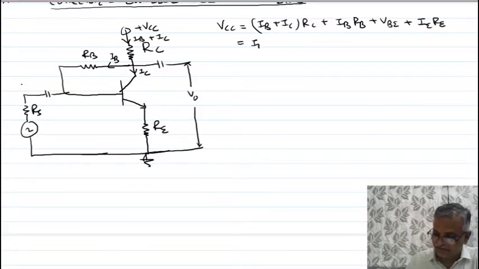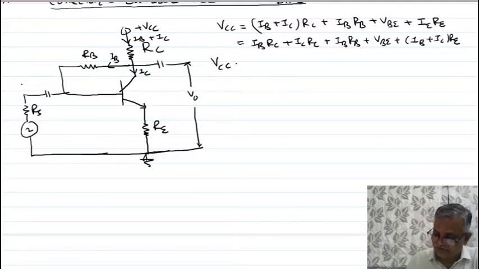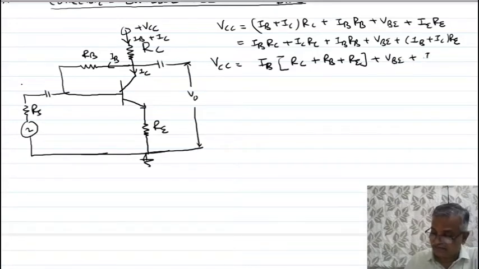So I can write IB RC plus IC RC plus IB RB plus VBE plus the base current plus collector current into RE. So VCC, taking the base current common, is IB into (RC plus RB plus RE) plus VBE plus IC RE.